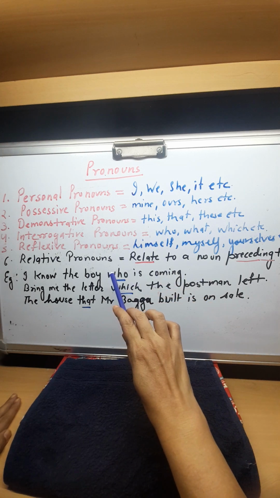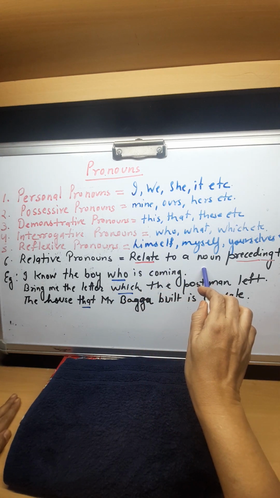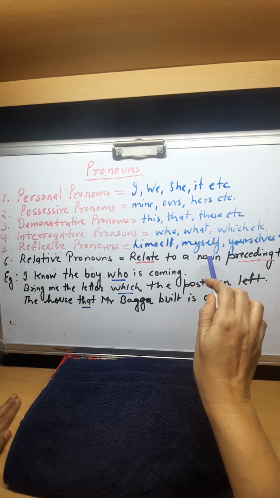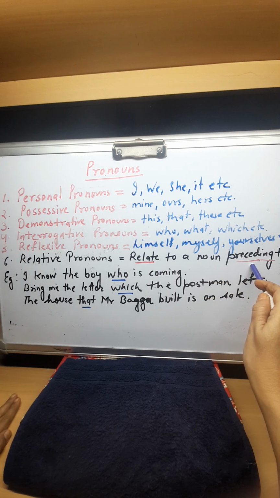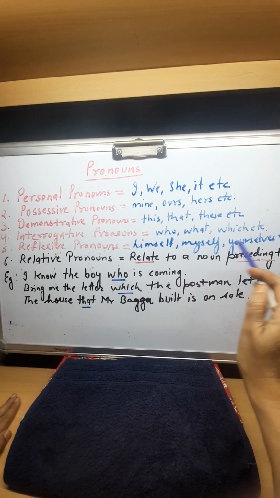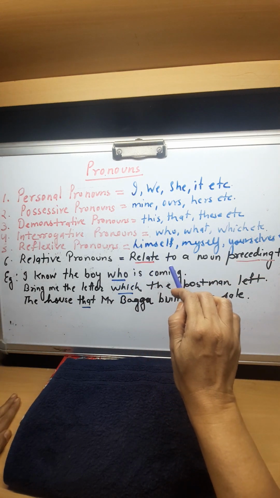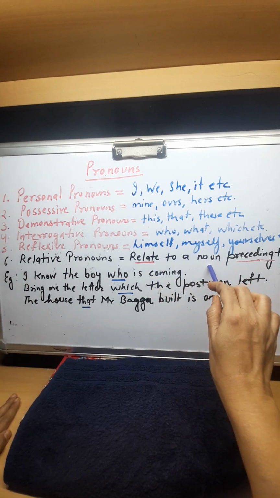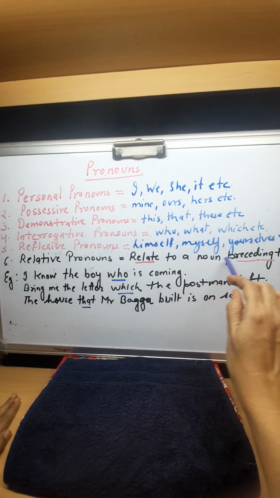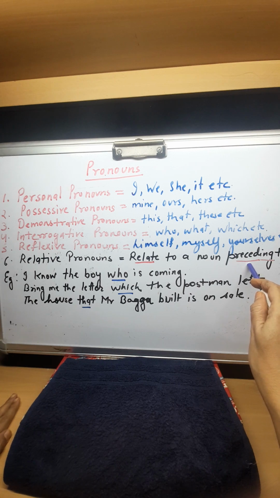This pronoun relates to a noun, and this noun is always before the relative pronoun. What is this? Preceding. Preceding means coming before. So a relative pronoun is a pronoun that shows the relation with the noun which is coming just before it.